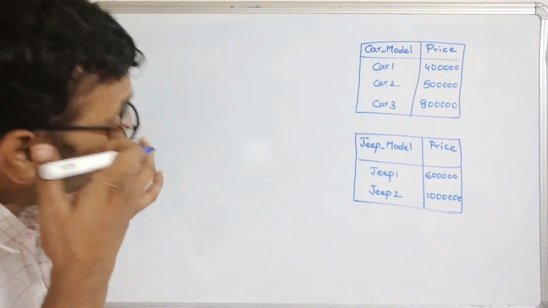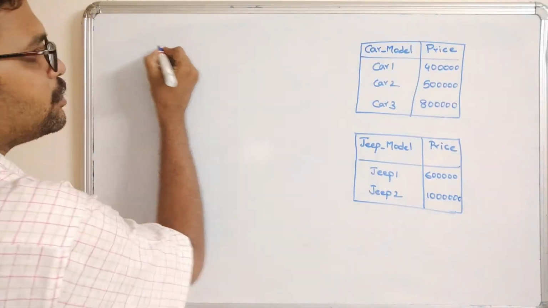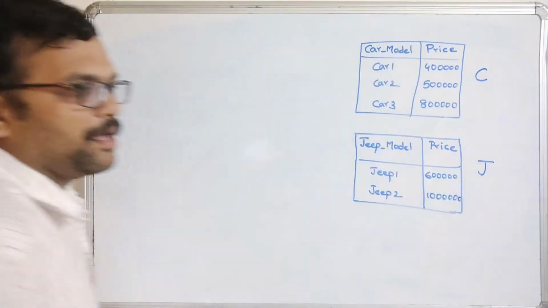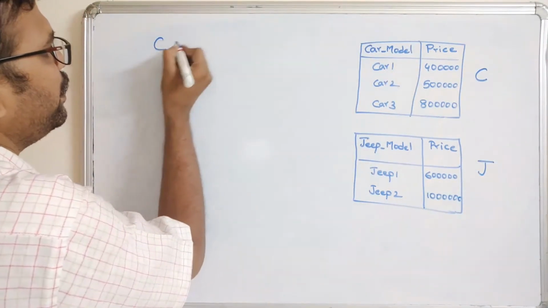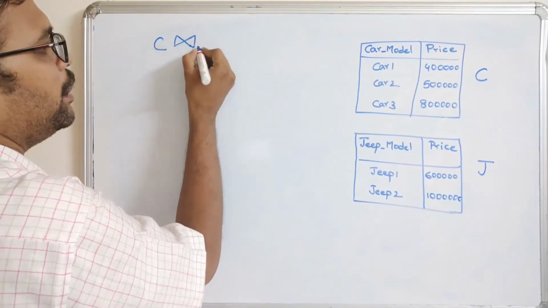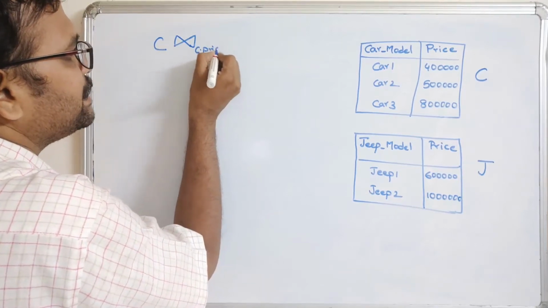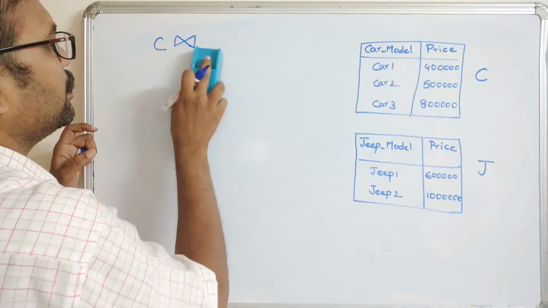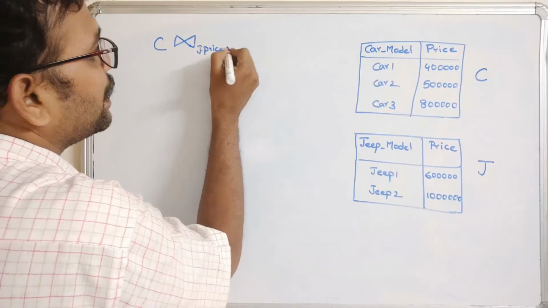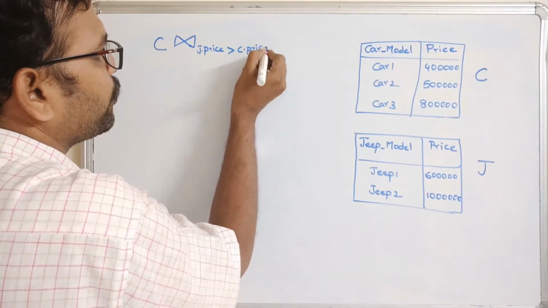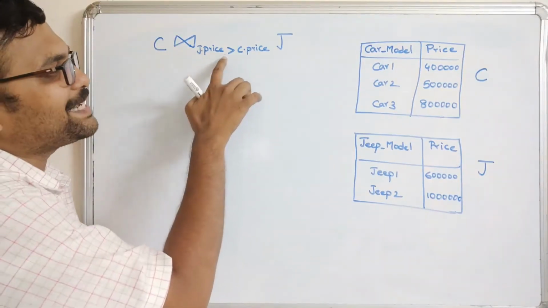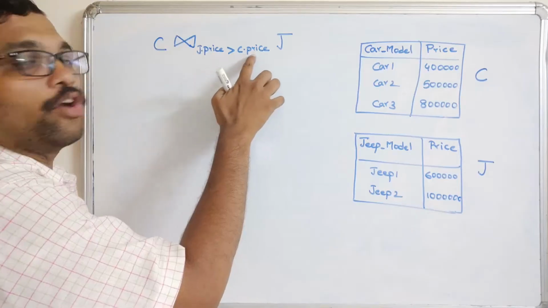Let us join. Let the relation names be C and J. So we have to find C theta join J with the condition J dot price greater than C dot price.